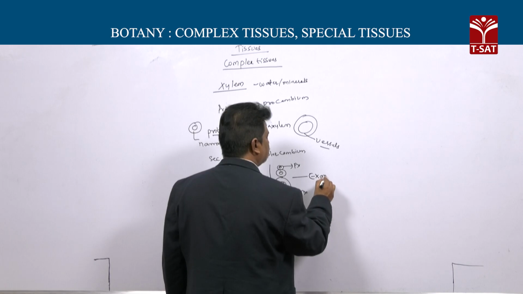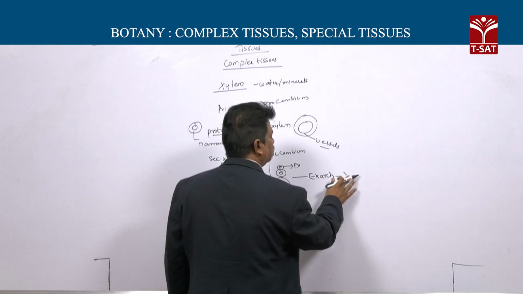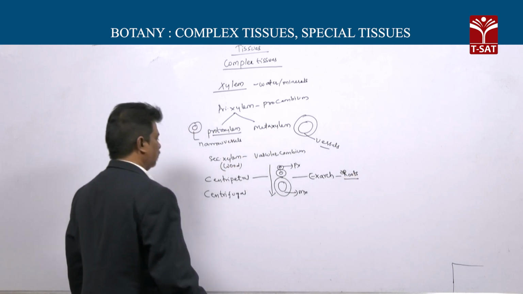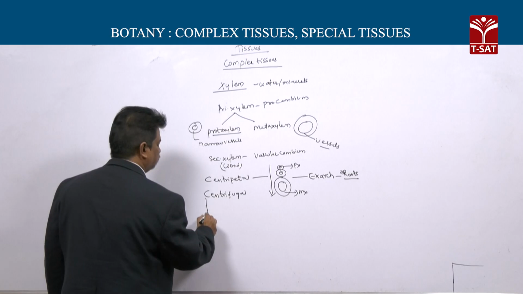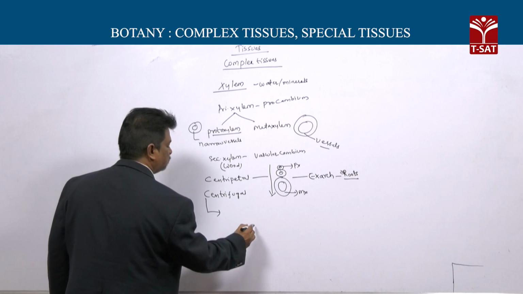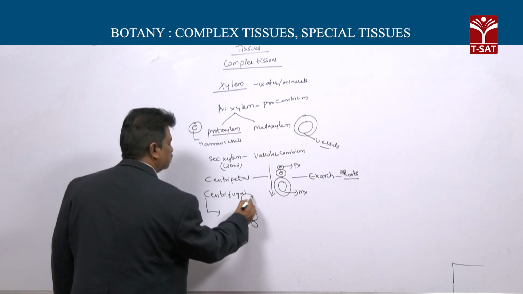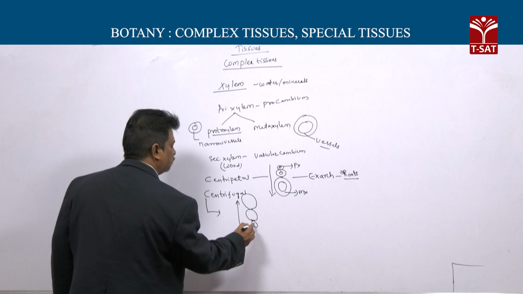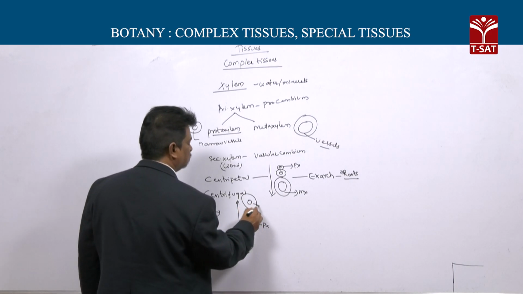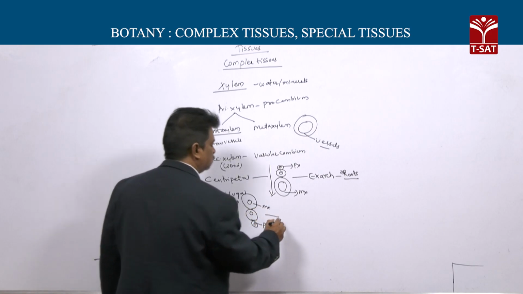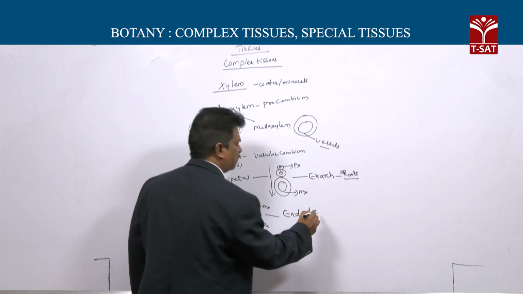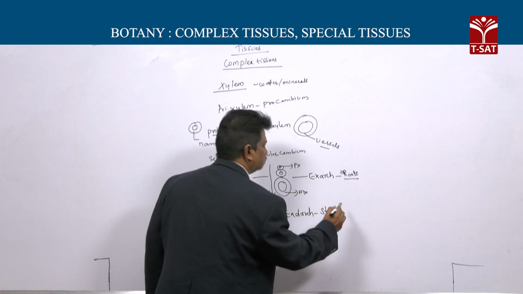Such a condition is called exarch, and exarch is a characteristic feature of roots. And the second one, centrifugal differentiation. In this type, xylem differentiation is from center to periphery. It means protoxylem is inside and metaxylem outside. Such a condition is called endarch. This endarch is a characteristic feature of stems.